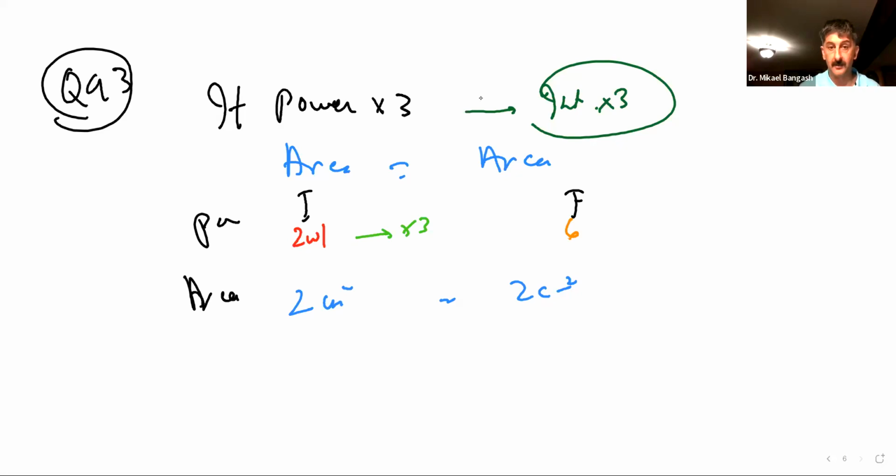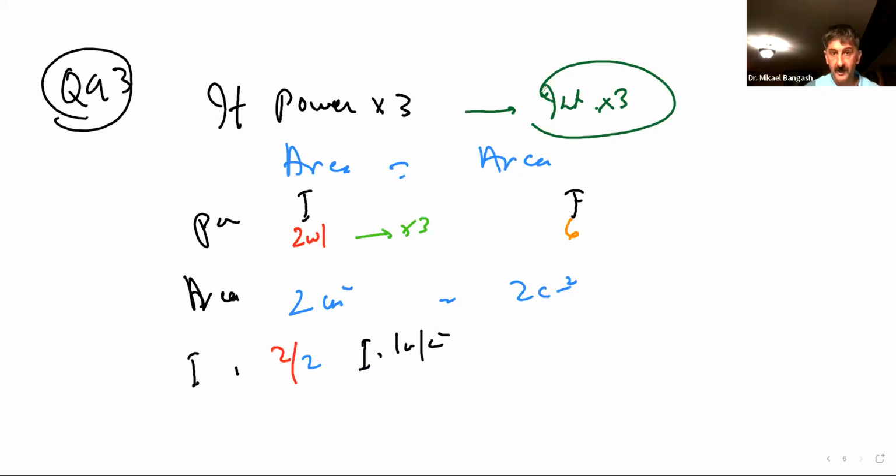Now say, what was our intensity here? That was 2 watts per 2 centimeters square, so the intensity is 1 watt per centimeter square.